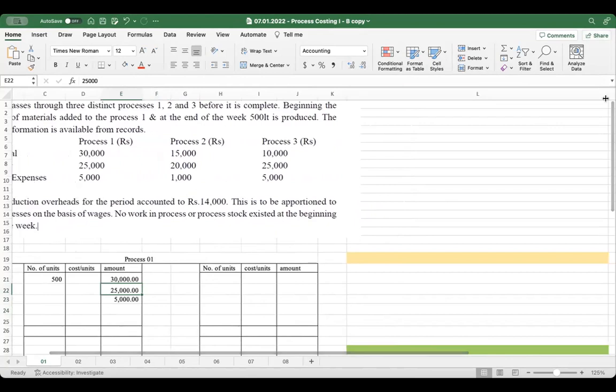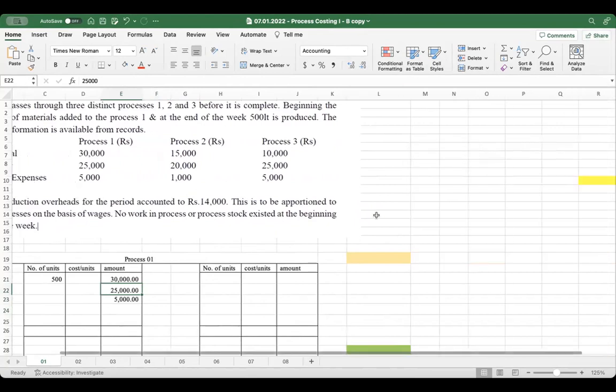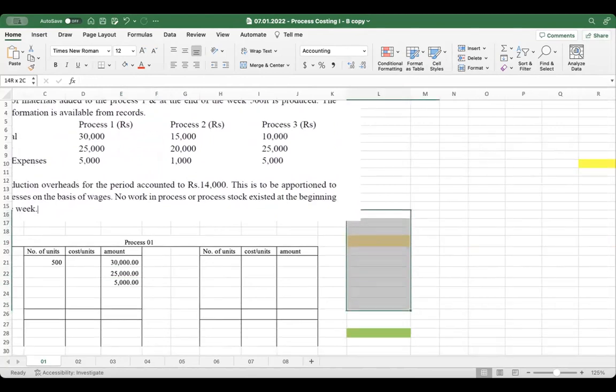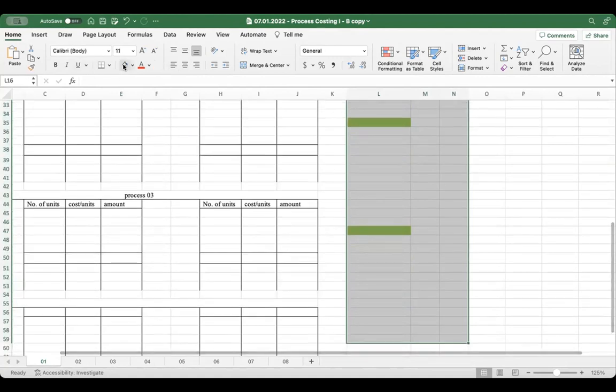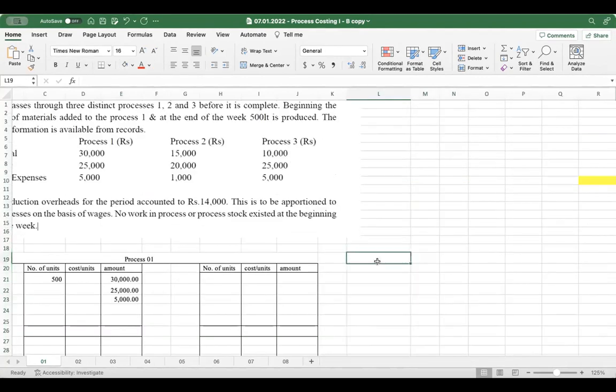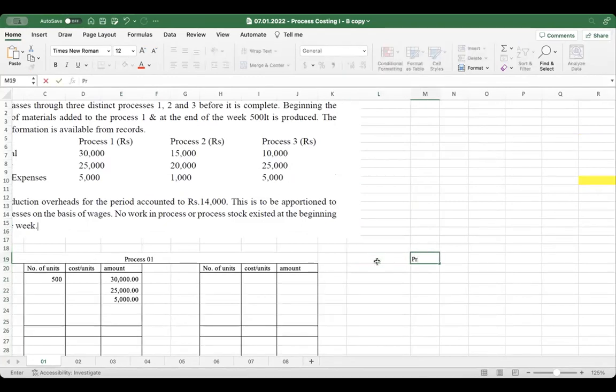So let's calculate that. Let's calculate overhead costs for each process: process one, process two, and process three.